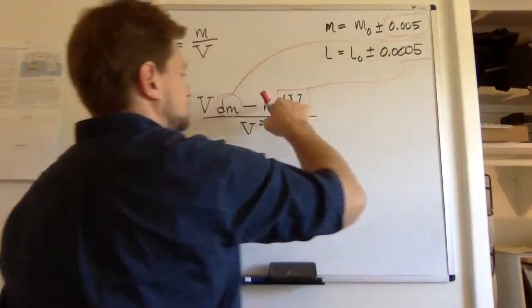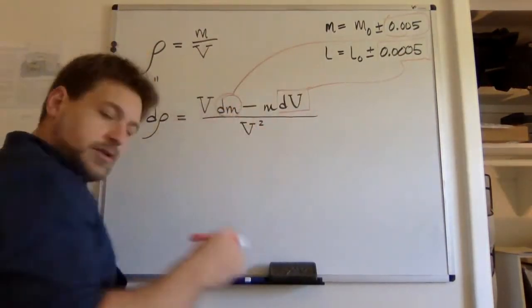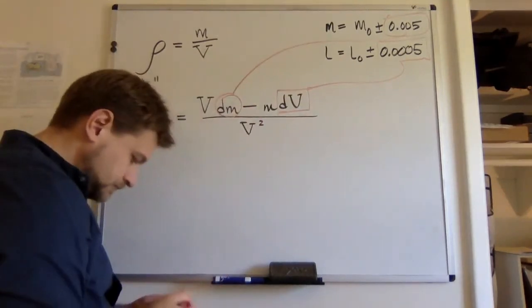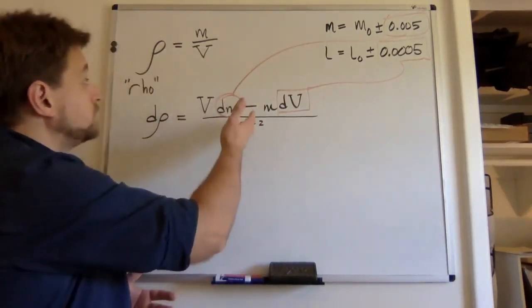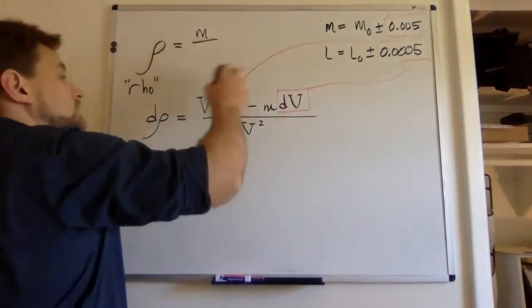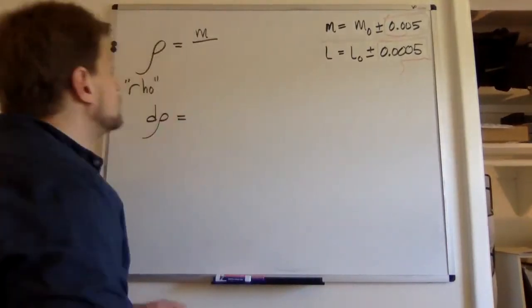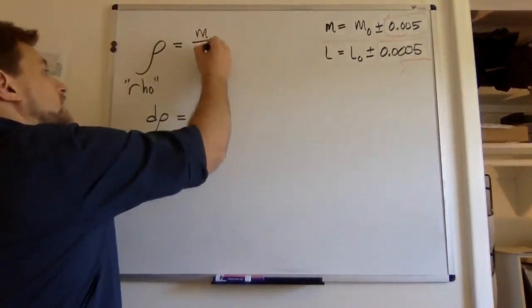And let's do the same thing with the volume. Oh, wait a minute. Length, this is volume. Hold on, we've got to back up. It doesn't just depend on the volume, it depends on the length. Length cubed.